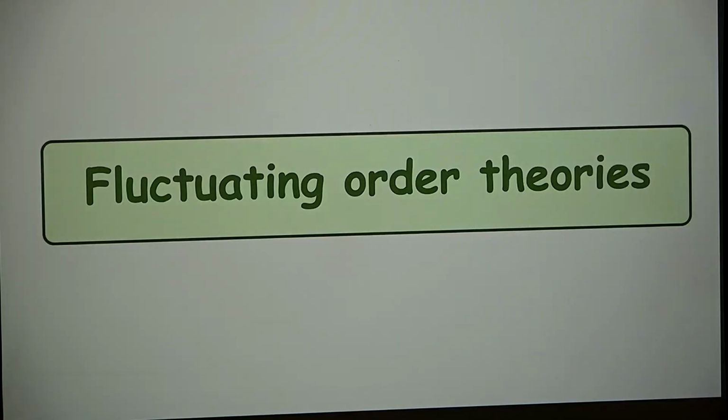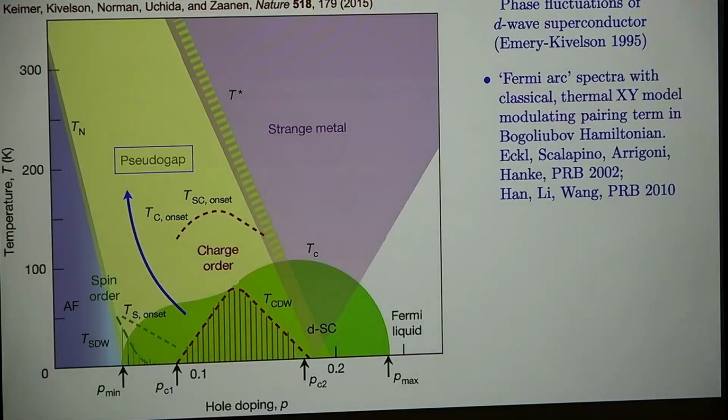All right, so let me just quickly review some old theories. So the oldest theory, I would say, is some kind of phase fluctuation theory of Emery and Kivelson, where you start from a D-wave superconductor, which has nodal points, and then you just heat it up. So the way you model it is you take the Bogoliubov Hamiltonian, which has a pairing gap, and you assume the pairing gap locally is given by the order parameter of a thermally fluctuating XY model.